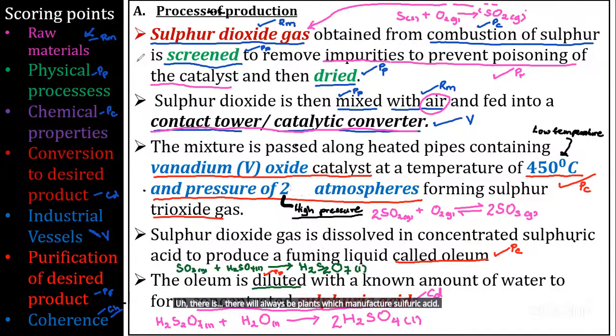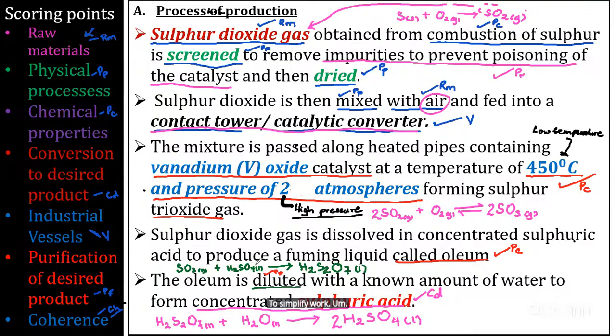And where there are plants which manufacture sulfuric acid, there will always be plants which manufacture car batteries because it is the main electrolyte. So to ease costs in transportation, those plants are always near each other to simplify work.